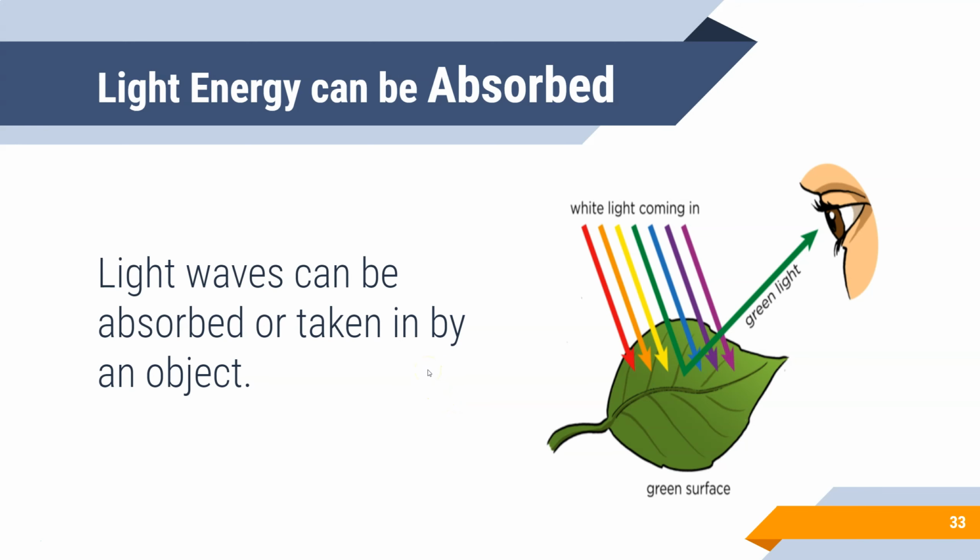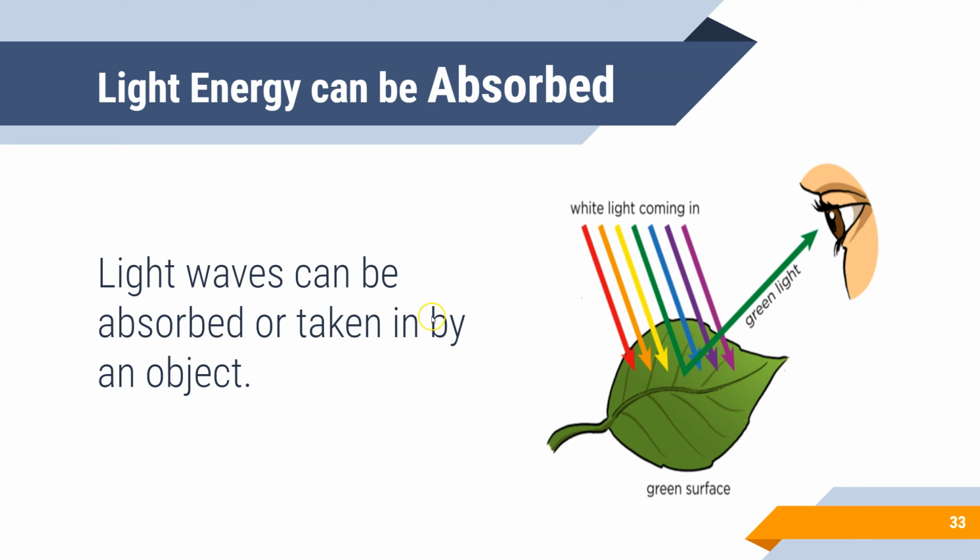Or light can be absorbed, or taken in, by the object. Let's say that there's white light, which is a combination of all the colors. If it gets absorbed into the leaf, then what we see is green light. We don't see white. We don't see all these colors mixed together. Our eyes just see the green because the object has actually absorbed the light.